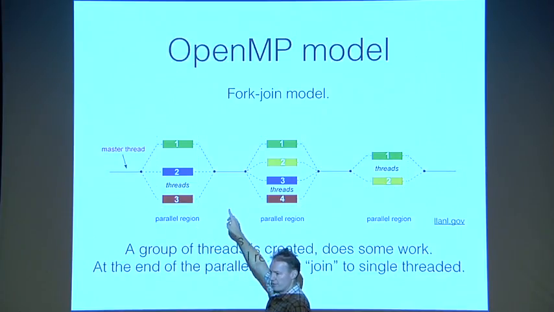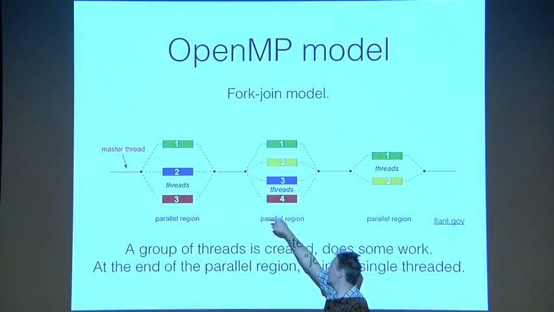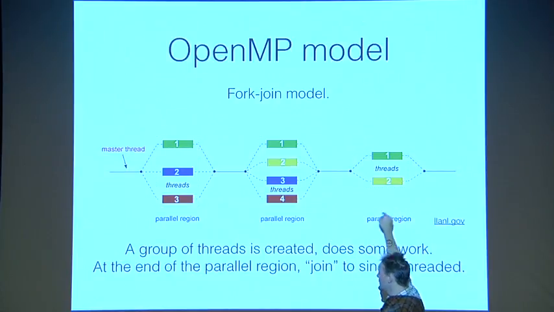Thread 1 is the master thread. These threads just go away, they die, or they're put in a waiting pool until there's more work. The serial section goes along again, forks into a bunch of jobs, they work, they come back together, and so on. So a lot of threading models use this. It's fairly simple.